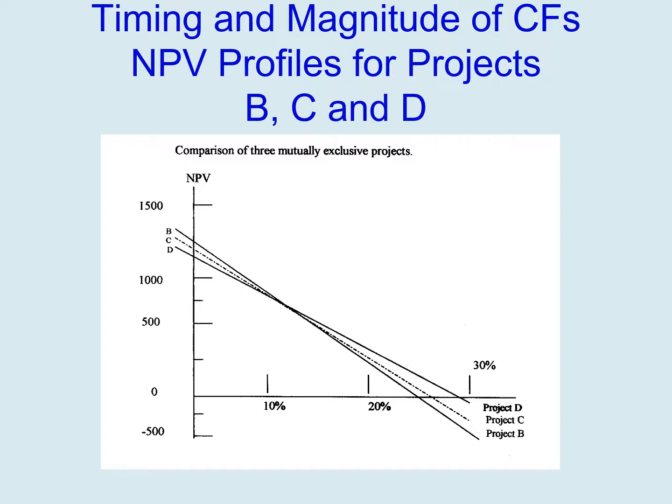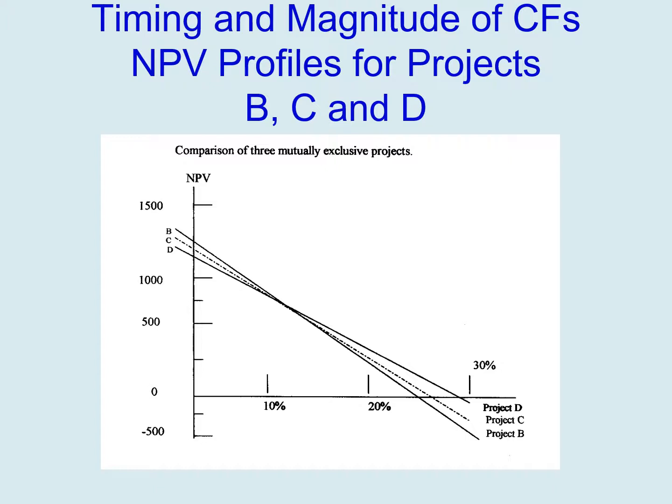For project D, the cash flows are more spread out. They do get larger over the 5 years, but they are still more evenly spread throughout the life of the project than for project B. So as you increase the discount rate, since you don't have all those dollars in year 5, you've got years 1, 2, and 3 that aren't getting hit as hard by the discount rate as your cash flows in years 4 and 5.